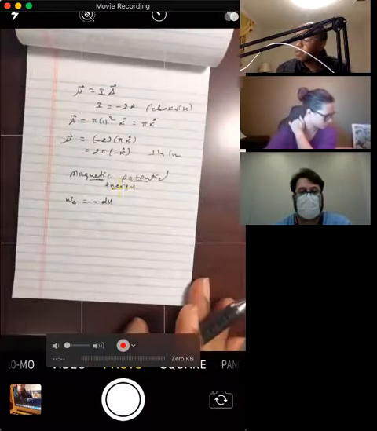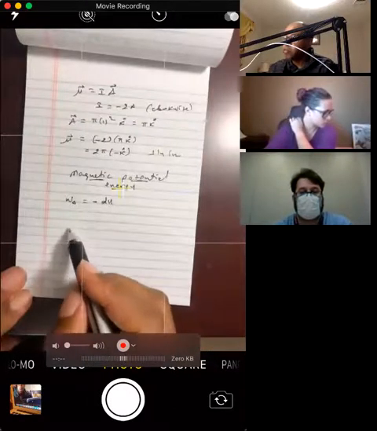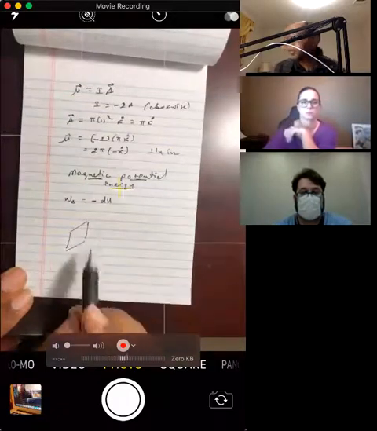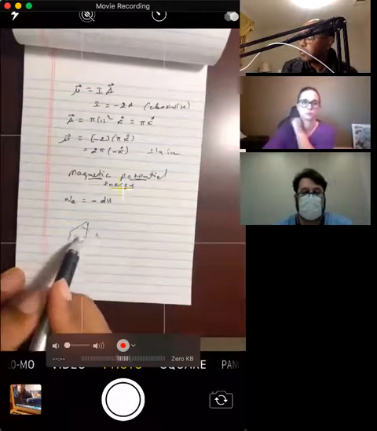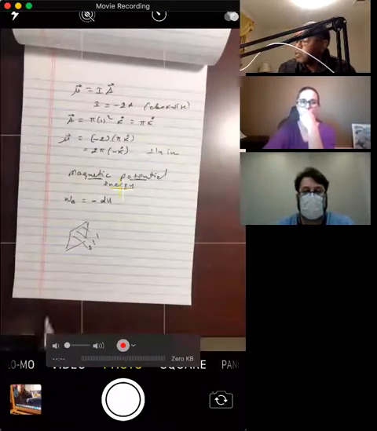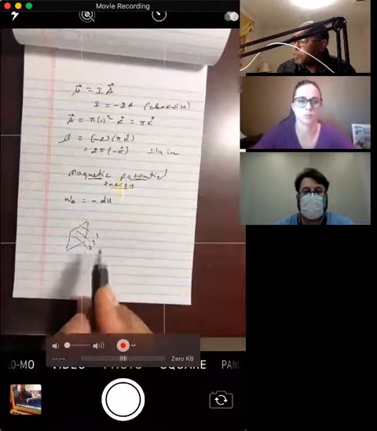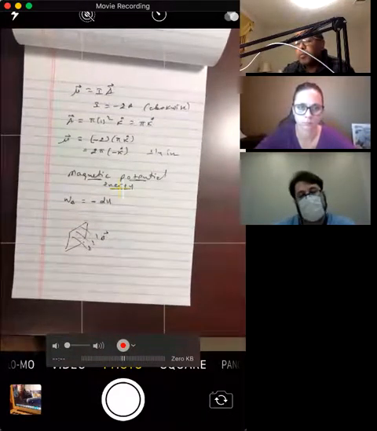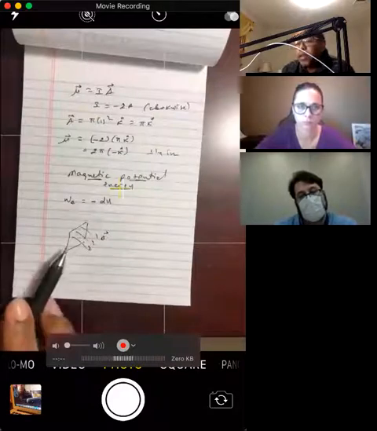All right. Now, let's say we have this loop over here, and there is a magnetic field in the direction of the area of the loop. What do you think is the torque acting on the loop? The area and the B are parallel.